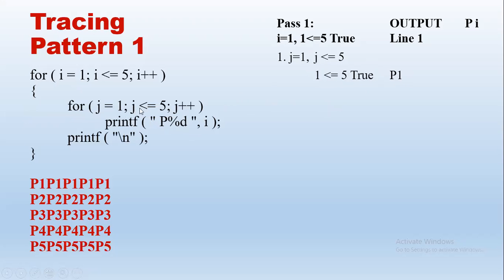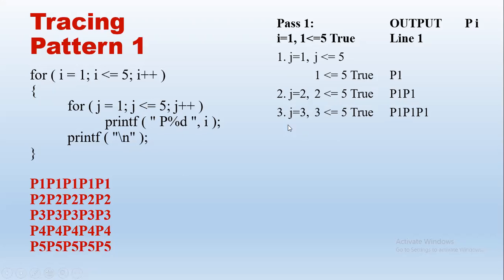Now J will get incremented to 2. So J is 2. 2 less than equal to 5? Yes, true. Print Pi again. So in this second step of pass 1, P1 is printed a second time. Now J increments to 3. So in this loop, we are still in pass 1 only. I is still 1, right? So J is executing the third time.